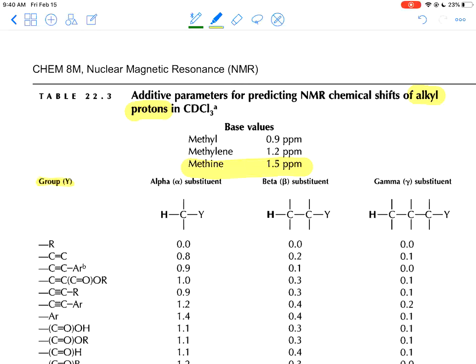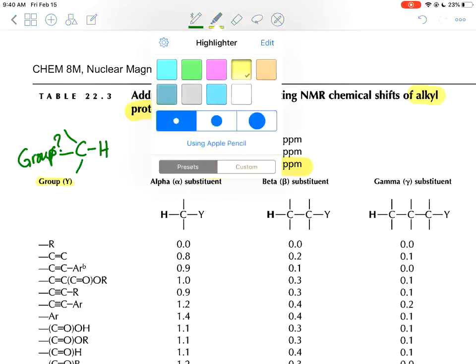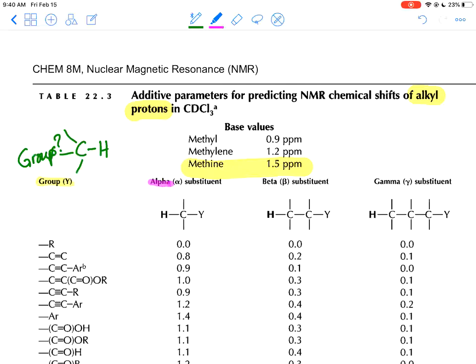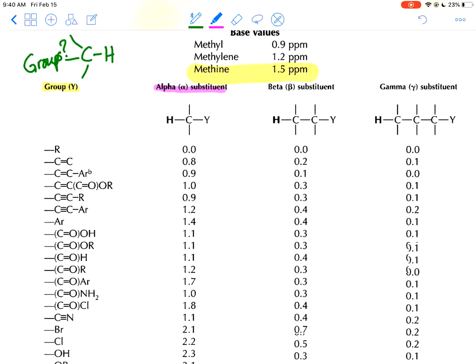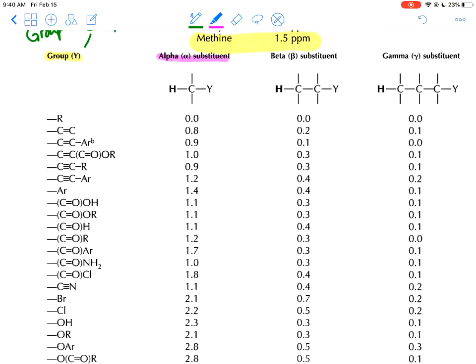So as if to say we have a CH, and that CH is connected to some other groups. And what are those groups? Well, we already said that those 2 groups are the bromines. So if the bromines are right next door, which they are, we're going to be using this column here as these alpha substituents. So we're going to be looking down that first column until we find specifically a bromine, and there it is.